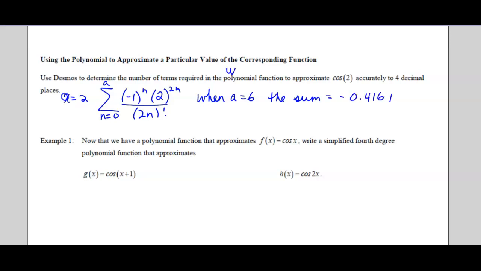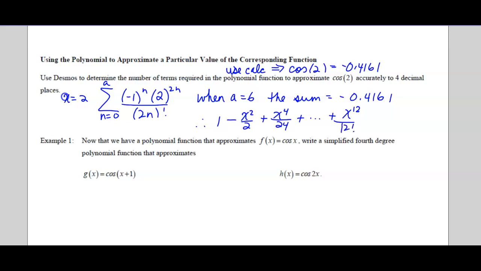When I use the calculator, cos of 2 was -0.4161 to 4 decimal places. So your polynomial function is 1 minus x squared over 2 plus x to the 4th over 24 plus up to x to the 12th. A equals 6 makes that 12 as an exponent, over 12 factorial.